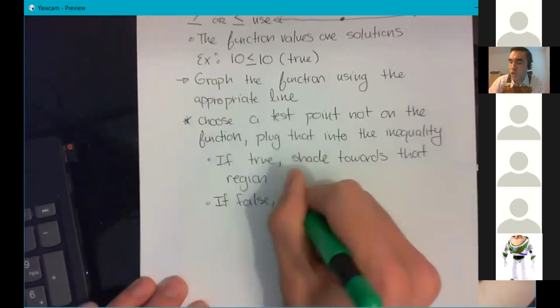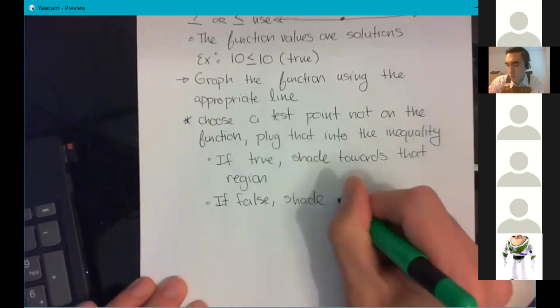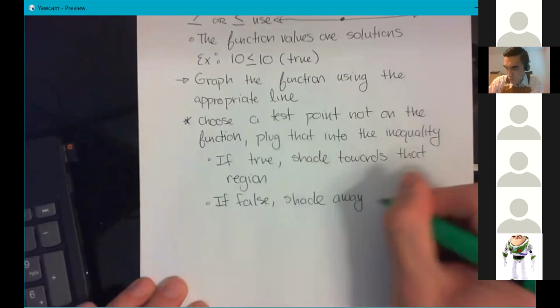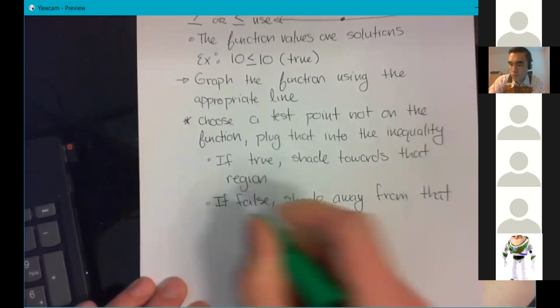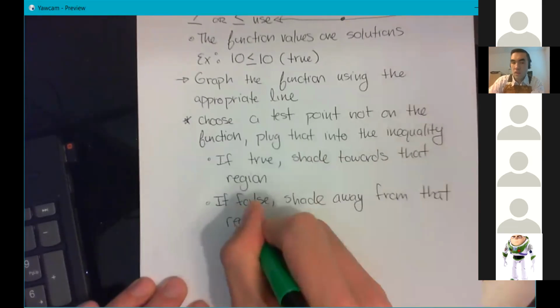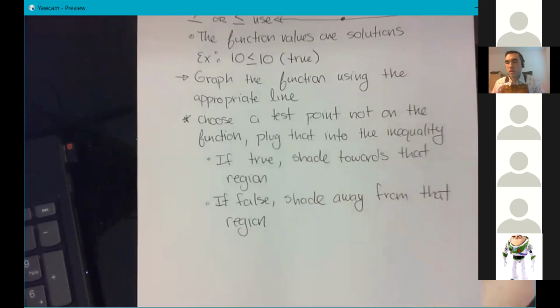We will know then to shade the other way. And then finally, I know there's a lot of if-thens here, but this is the logical flow that you want to take to dealing with these types of questions.